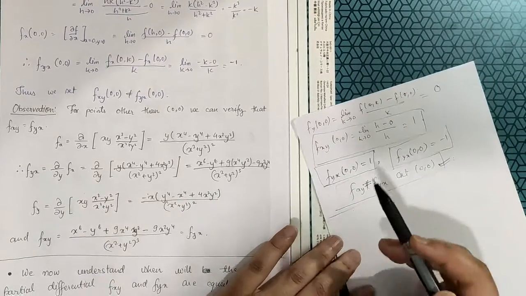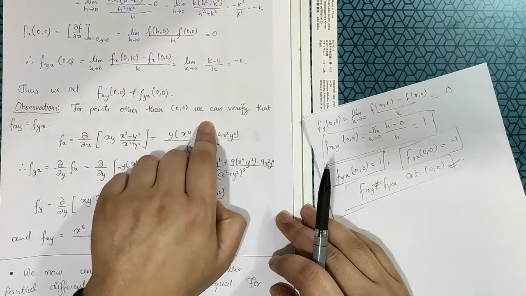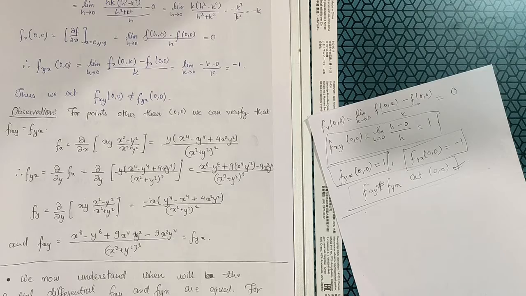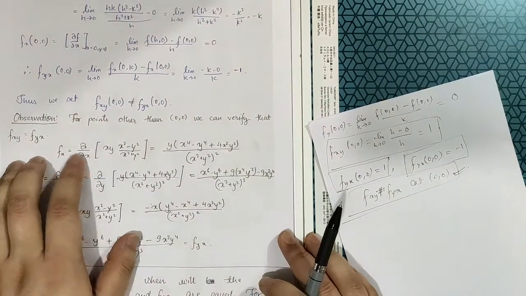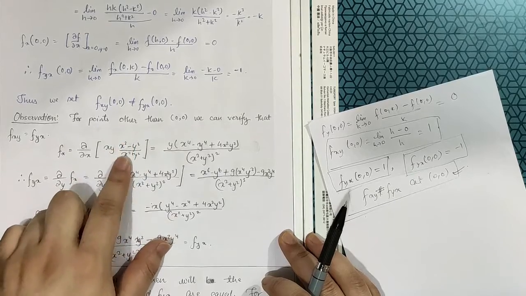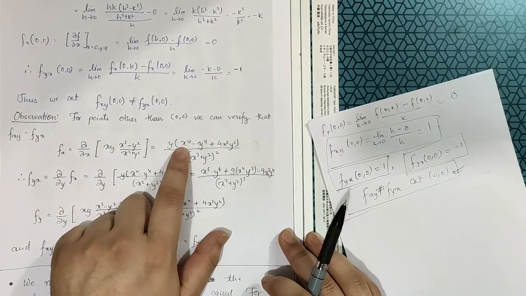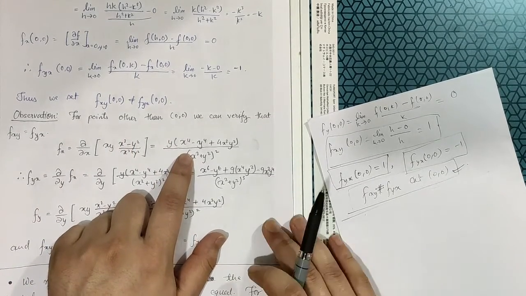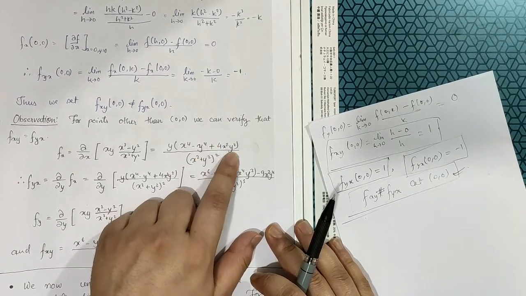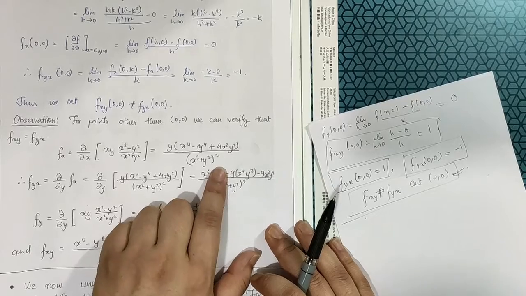So let us see. For points other than (0,0), we verify f_xy and f_yx. So f_x is equal to del by del x of this value, which is y. We have already done this earlier. So we'll get y(x^4 minus y^4 plus x^2 y^2) whole divided by this.